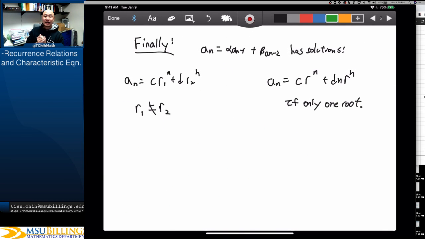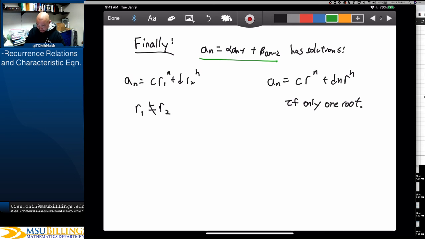So there's not much left to do. This characterizes all the possible solutions that a recurrence relation like this could have. If I take my recurrence relation and look at the roots of the characteristic equation, there are two things that are possible.